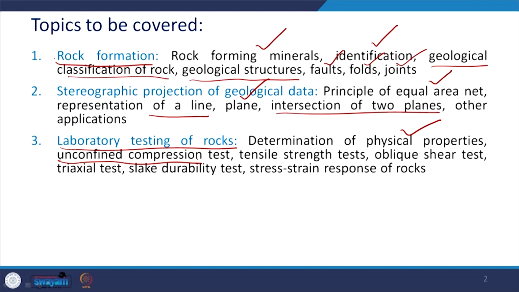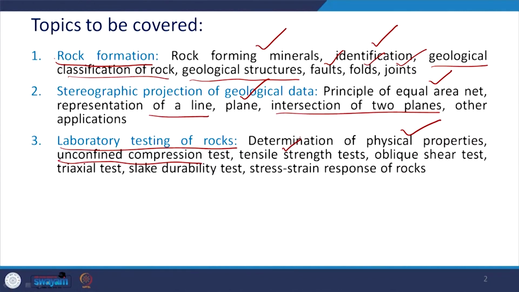As against soil, rock possesses some tensile strength, so how to determine those tensile strength properties, we will discuss. This is followed by some of the shear tests, which include the oblique shear test and triaxial tests, and then how we determine the degree of weathering, which can be determined using the slake durability test. That would also be discussed.